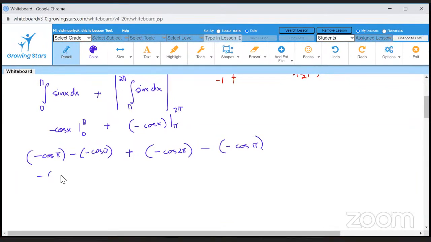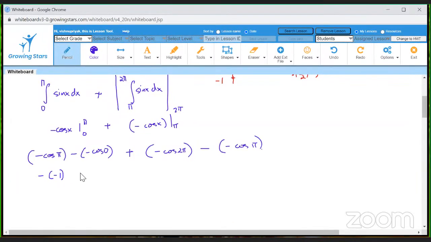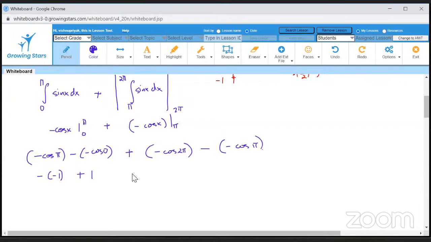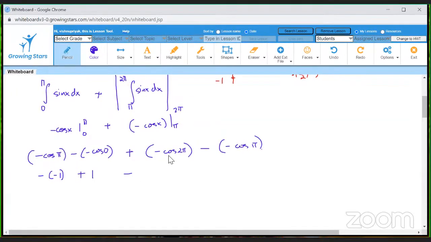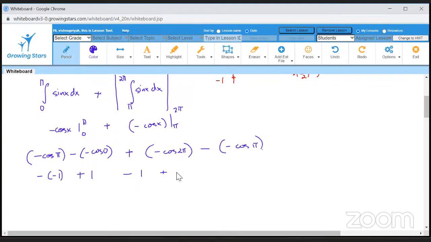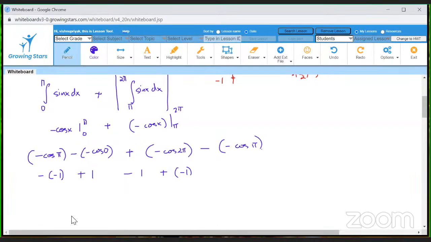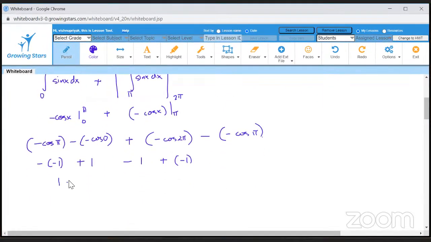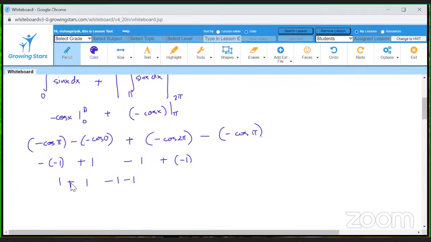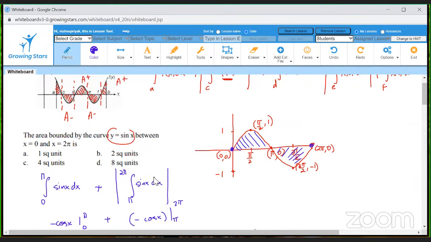So cos pi is minus 1, plus cos 0 is 1, minus cos 2 pi is 1, plus cos pi is minus 1. So what is happening? 1 plus 1 minus 1 minus 1. All are cancelling and you are getting 0. The area will be 0.